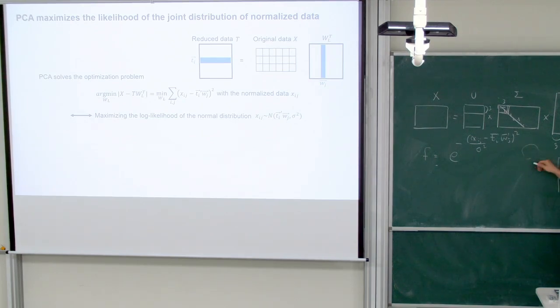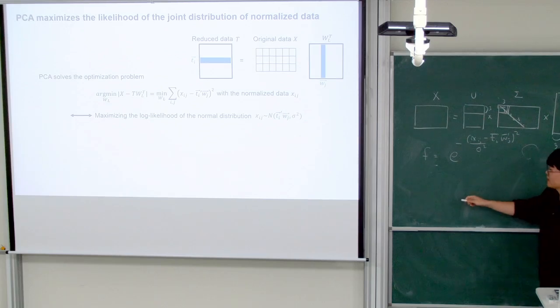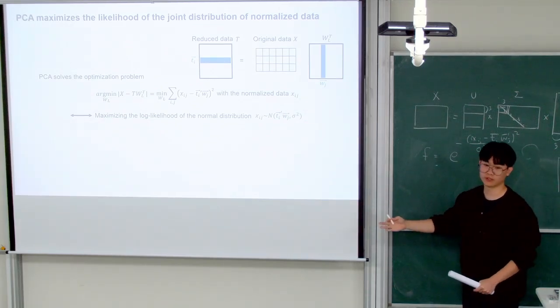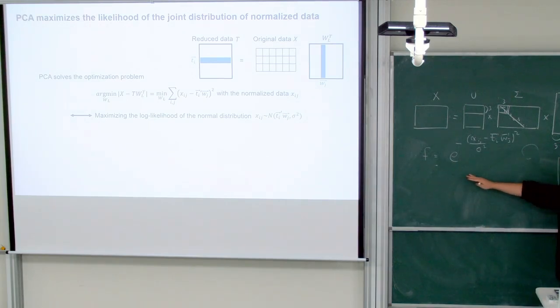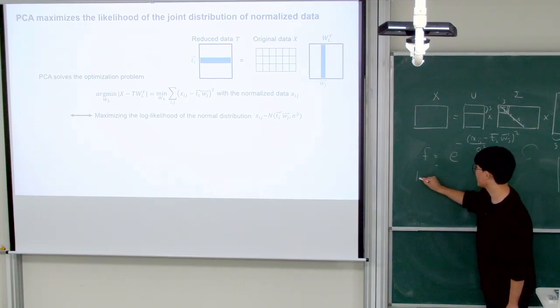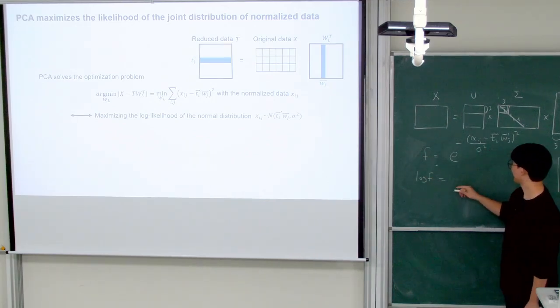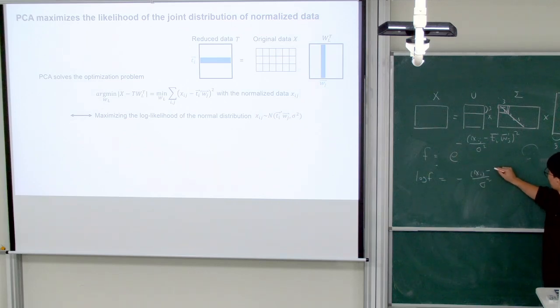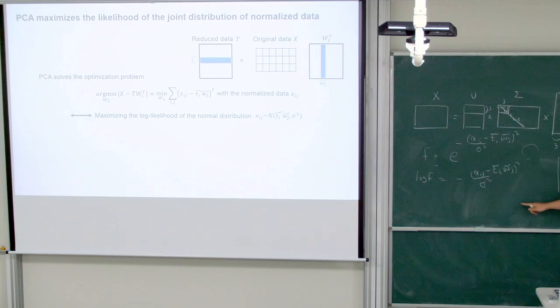Regular, like the constants. And when we maximize the likelihood, we multiply the probability density functions. So when we take a log here, this should have these terms.